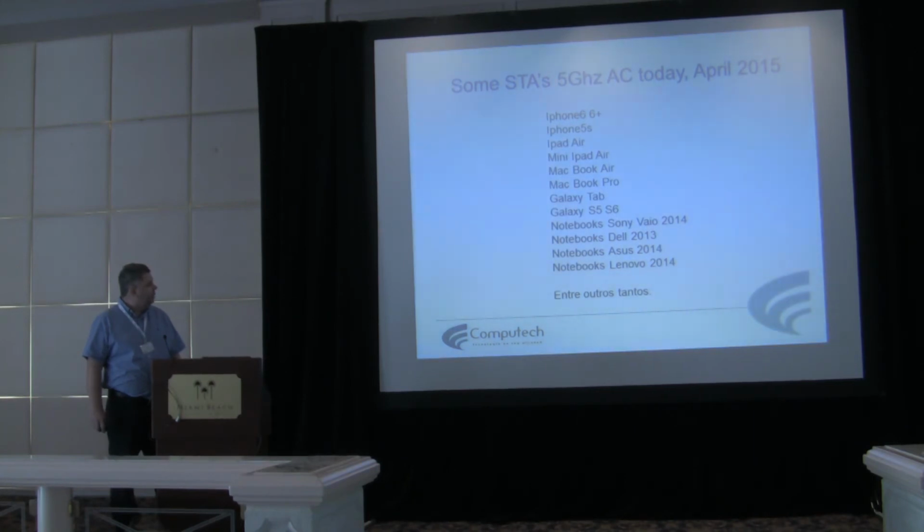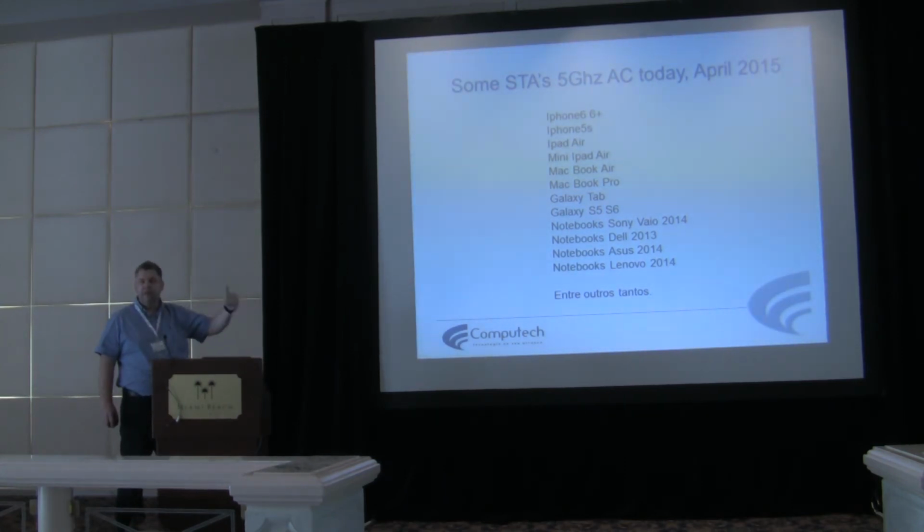From 2013 to today, all the devices have AC connection in their networks. So it's easy to project a 5 gigahertz or 5 gigahertz AC indoor network. It's getting easier and easier each day.